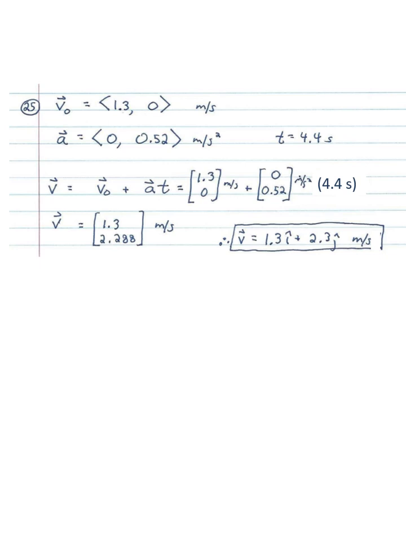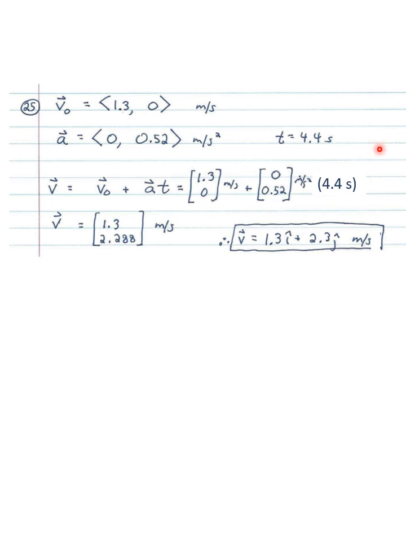Number 25. An object is moving in the x direction at 1.3 meters per second when it undergoes an acceleration of 0.52 j hat meters per second squared. Find its velocity vector after 4.4 seconds. Here's the initial velocity vector. Here's the acceleration vector and the time.